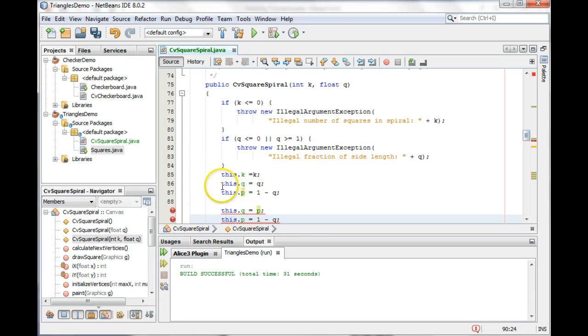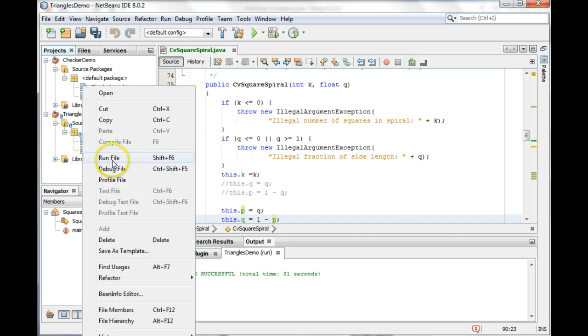Because I forgot those are final. So maybe the easiest way to do this is like this. We'll get rid of that, and we'll say this p equals q. Okay, so I'm going to say p is equal to q, and then q equals 1 minus p. How about that? Okay, so now we're reversing the roles. P gets what was passed in as q, and q gets what's passed in as p, and that should reverse the direction.